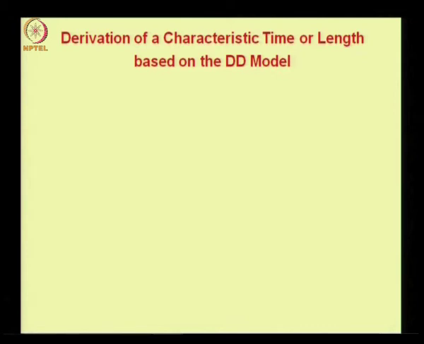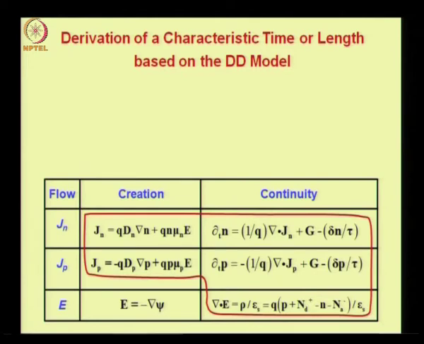Let us make some comments about derivation of characteristic time or length based on the drift diffusion model. We will have to follow a few guidelines, some steps to do this derivation. So, this is our drift diffusion model. 5 of these equations have been grouped together because these 5 equations are all coupled to each other.